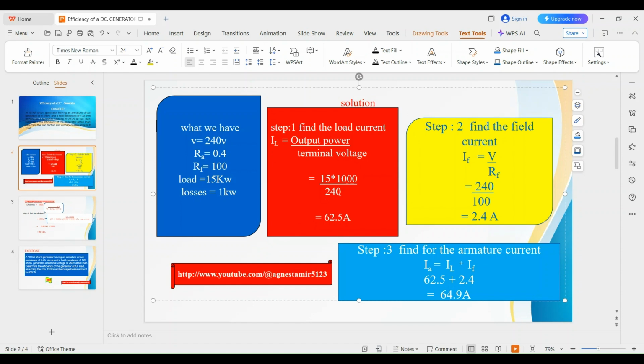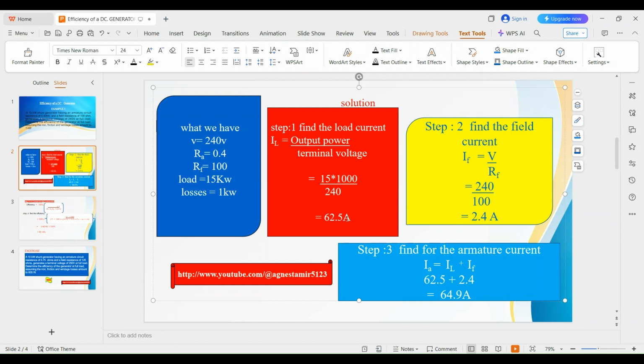So we shall have 15,000 divided by 240 volts, and therefore we shall get our load current as 62.5 amperes. Take your calculator and key in 15,000 divided by 240, and you shall get the load current as 62.5 amperes.